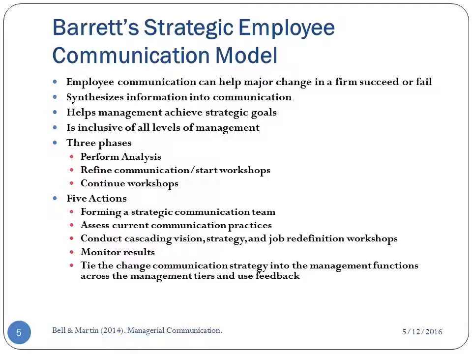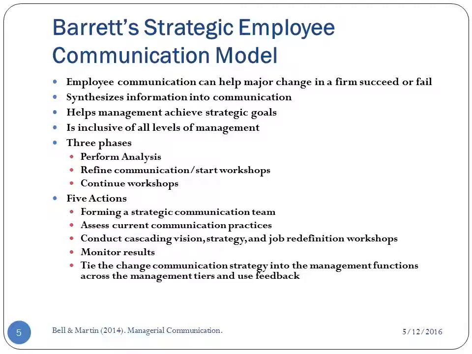You can only imagine at IBM the changes they had to make here in order to change themselves from basically a hardware company to a software and an ideas company. And then you need to tie the change communication strategies back into the functional areas across the management tiers, and you need to have feedback, lots and lots of feedback.